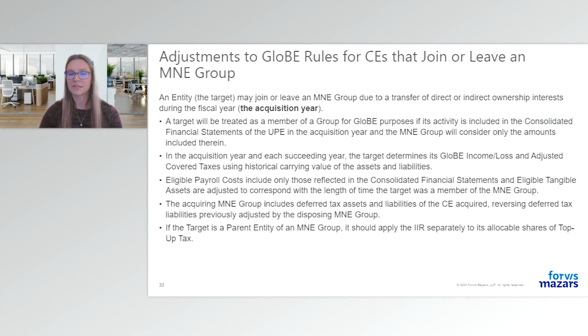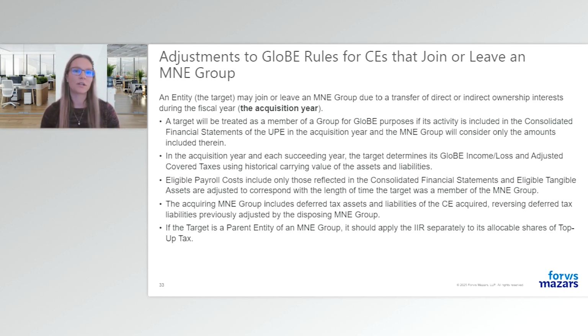So in practice, it is likely that a portion of the target entity's income and expenses are going to be included in the consolidated financial statements of the disposing M&E group based on the period that it was a member of that group. And this rule is going to follow the general approach of the GLoBE rules to rely on amounts reflected in the financials that are used in preparation of the consolidated financial statements.